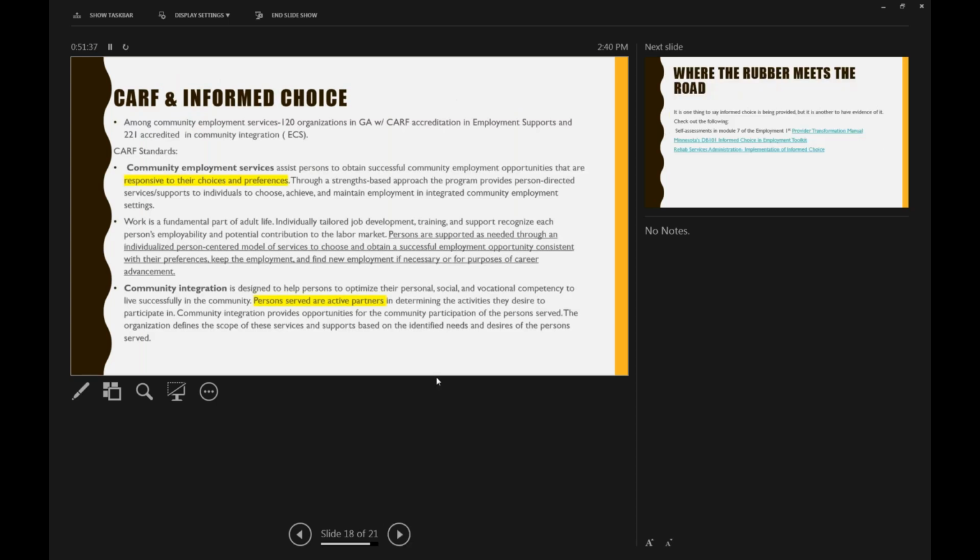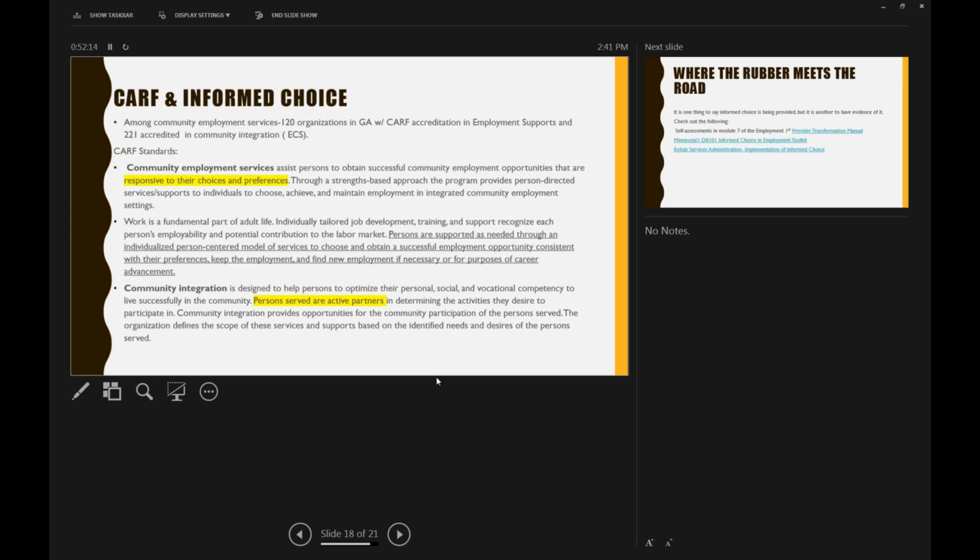Okay. So a lot of community organizations, community rehab programs, are CARF accredited. This is an international accrediting agency for rehab programs. It does a lot of residential, many things that are associated with employment. In Georgia, among the community employment services, 120 organizations have a CARF accreditation in employment supports, and 221 are accredited in community integration.